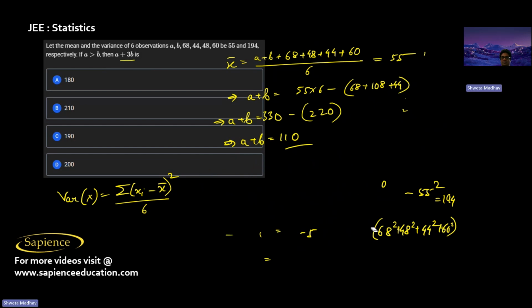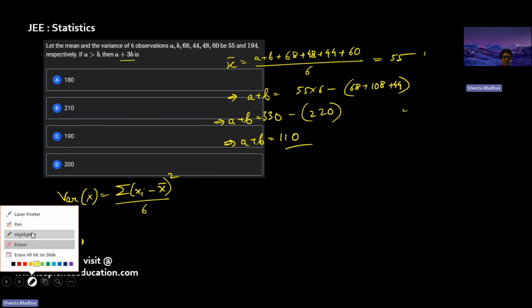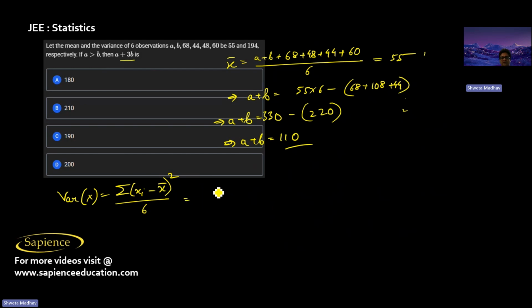Where the values are very large, we can use this formula also to find the variance. So this will be, here the number of observations is 6, so we have a 6 here.